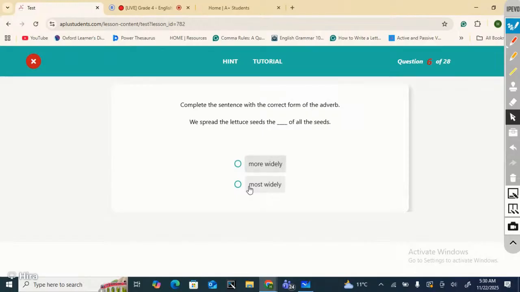As you can see, more widely is a comparative adverb and most widely is a superlative adverb.